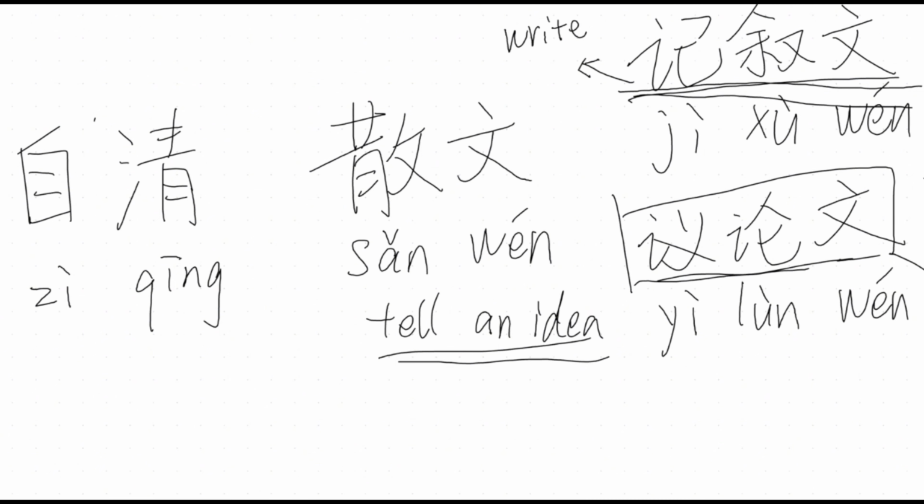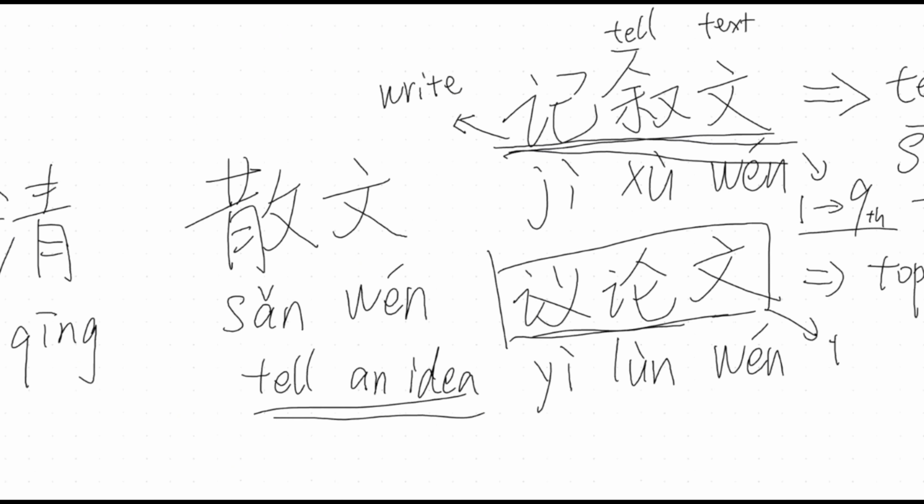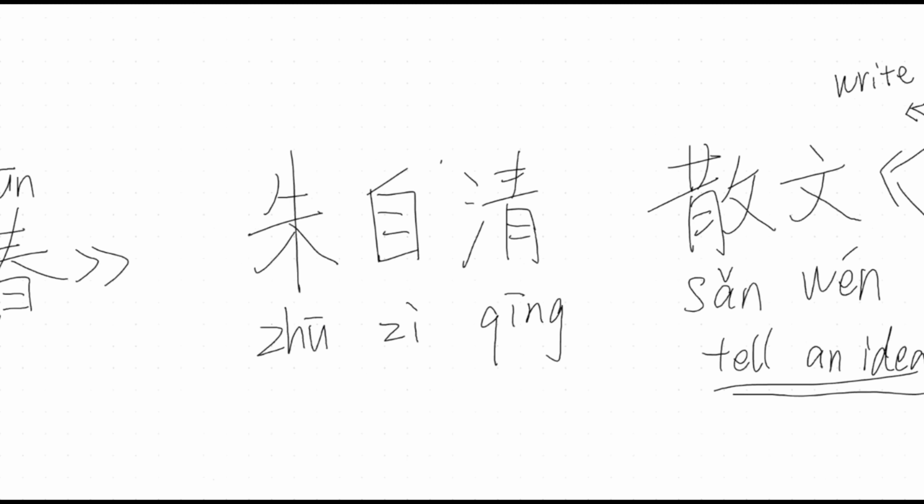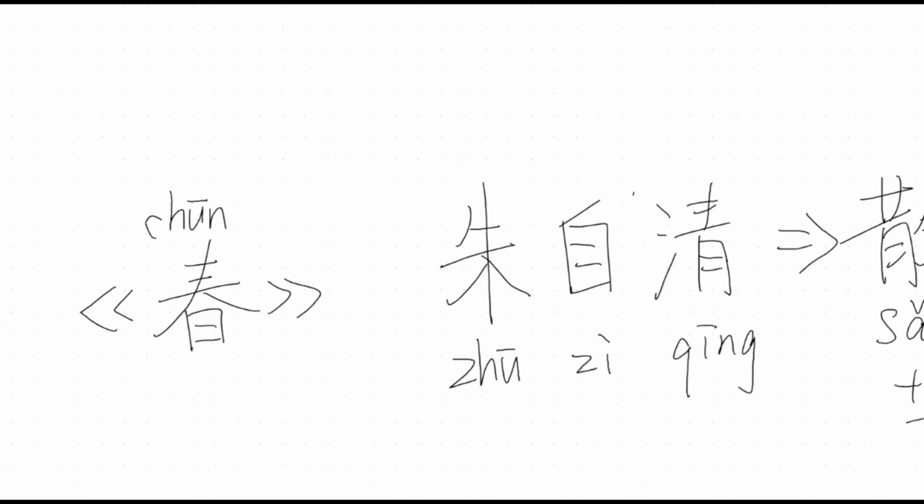It uses 记叙文, the storytelling format, but if you use the stories and the conversations to talk about the topic, it's a bit of both. It's the hardest to write 散文. And this guy, 朱自清, is really good at writing 散文. And 散文 is also what we are here to learn today.